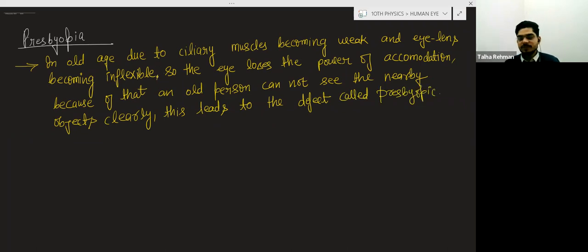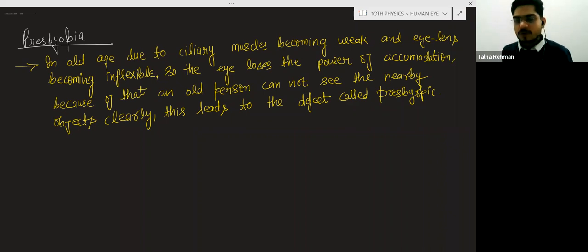So basically, what happens in old age? The eye lens becomes inflexible, and the ciliary muscles become weak. Due to that, the eye loses the power of accommodation. So the power of the eye lens becomes less.